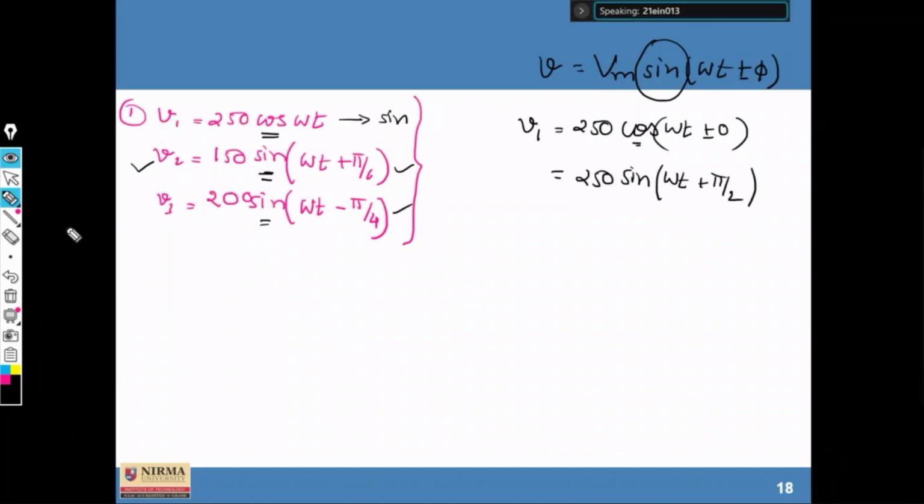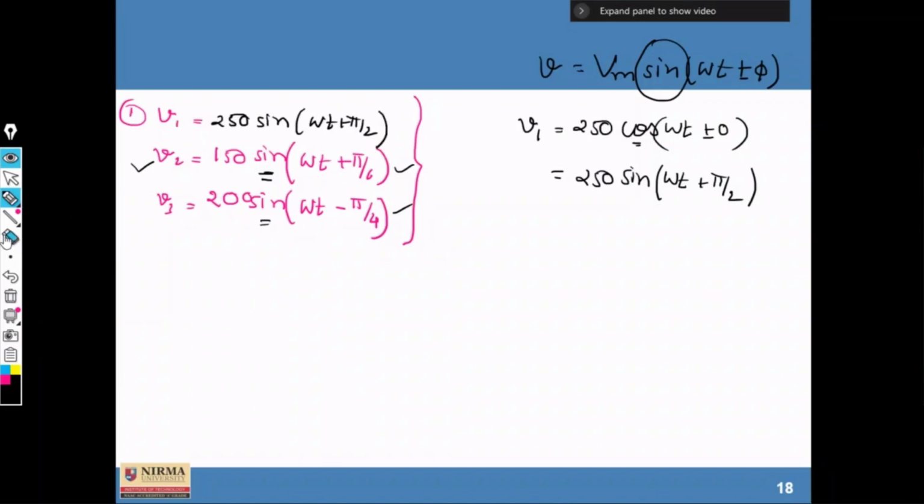Okay, so we can replace this expression here. In examinations, they give this kind of alternative way in questions. Fine. So here it is 250 sine omega t plus pi by 2, isn't it?